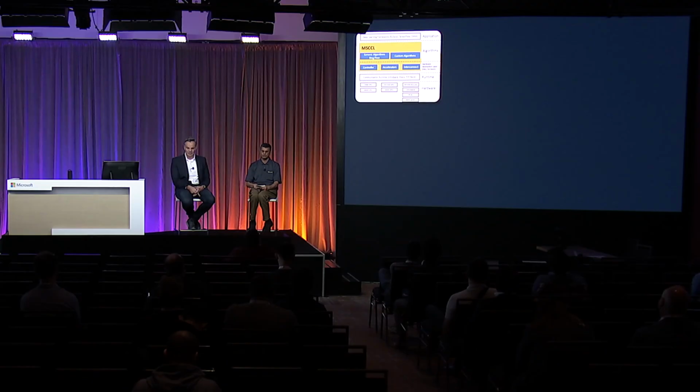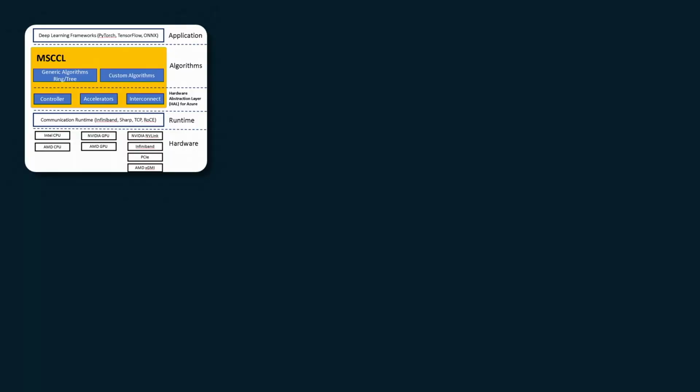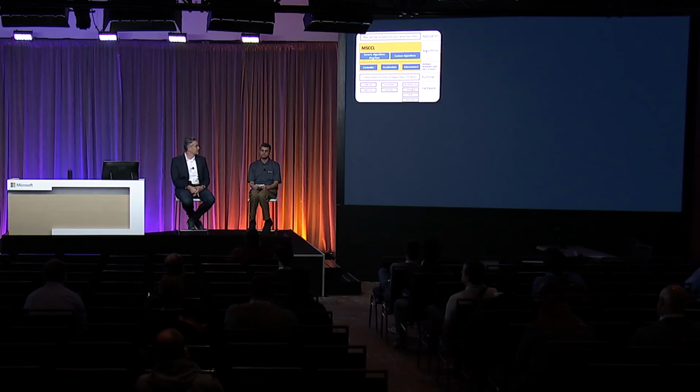The first one I want to highlight is a package called MSCCL. Many of you may be familiar with NCCL and AMD's equivalent called RCCL, which allows you to do all the collective communications. MSCCL is a research project from Microsoft Research that allows you to write your own custom algorithms, in addition to the standard algorithms provided by the respective vendors, like the ring algorithm and tree algorithm.